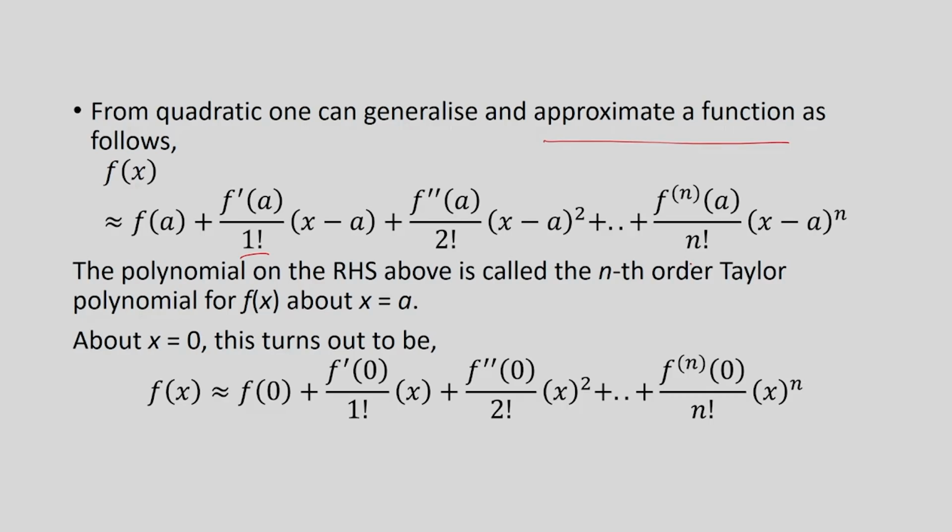If one wants to have a last term here, then it will be f^n of a divided by factorial n, multiplied by x minus a whole to the power n.